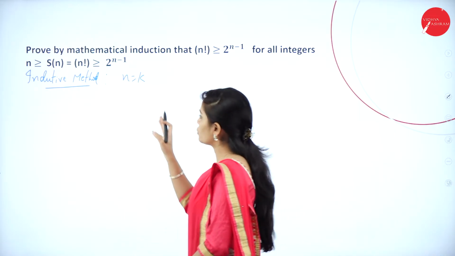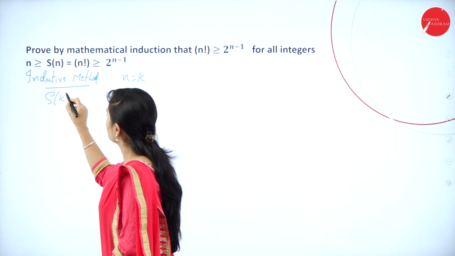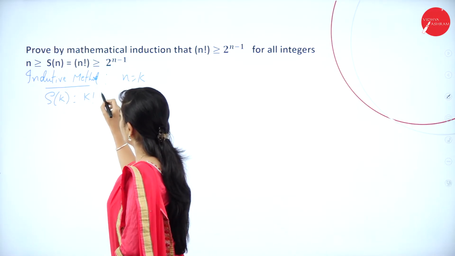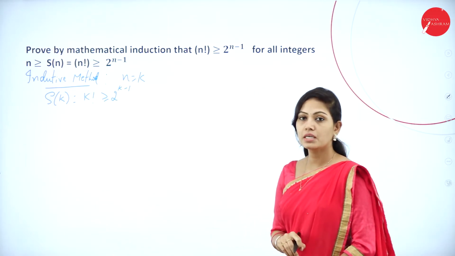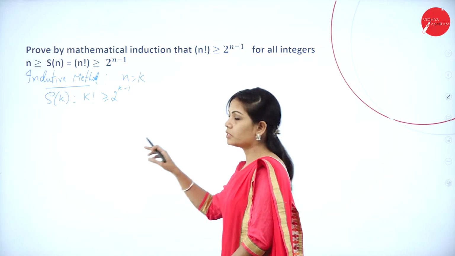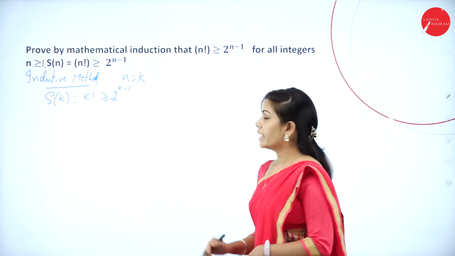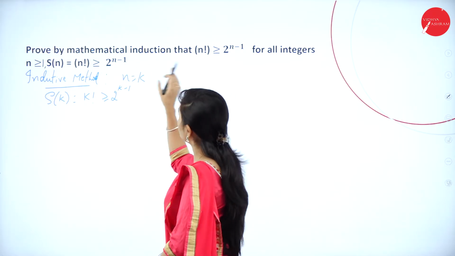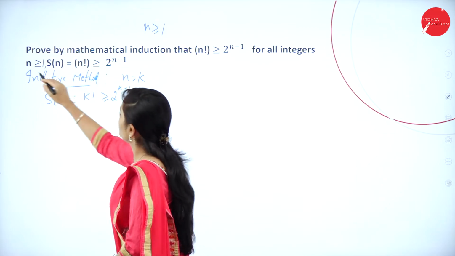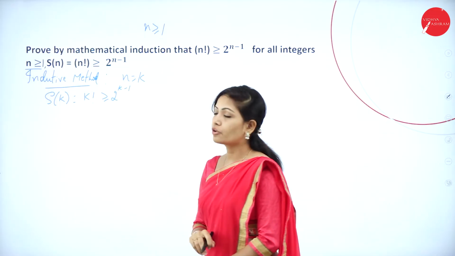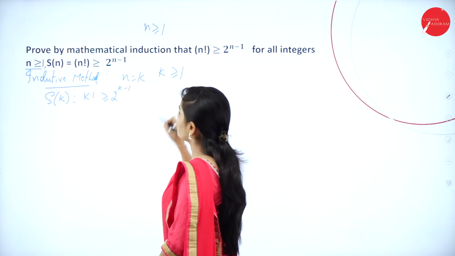So in the inductive method, we have to assume that n is equal to k. So I have replaced n by k. In the next step, you just observe this. In the question, they have mentioned that for all integers, n is greater than or equal to 1. So n is greater than or equal to 1 means the k value should be greater than or equal to 1.